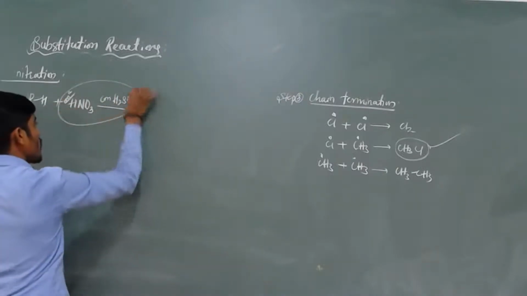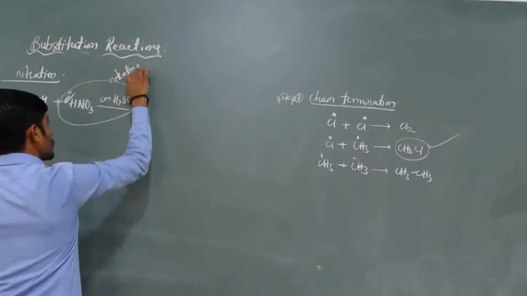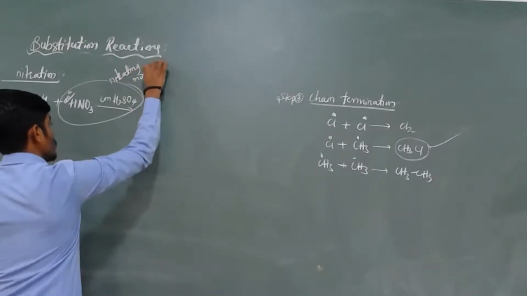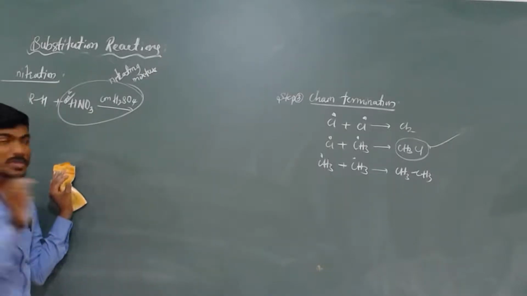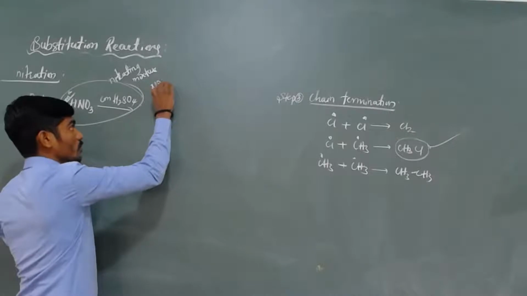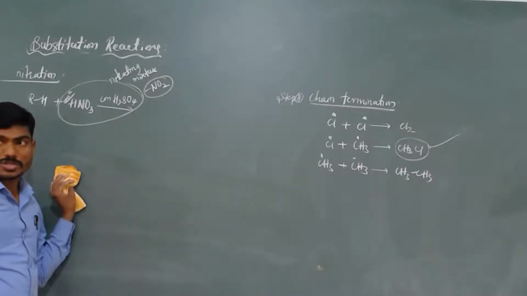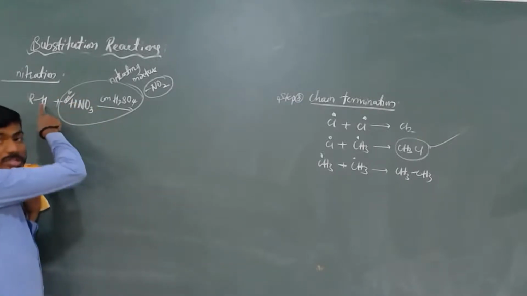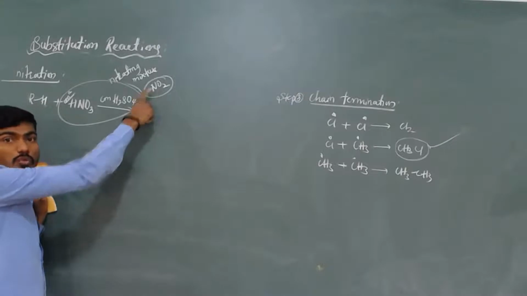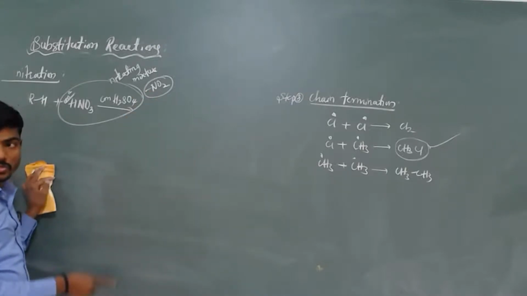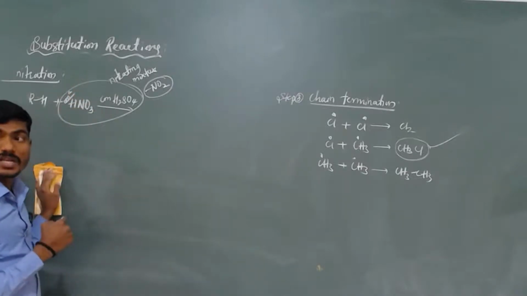In organic chemistry, where an NO2 group is to be substituted, substitution means replacement of one of the hydrogens by an NO2 group, which is known as a nitration reaction. So for nitration, the nitrating mixture is used.